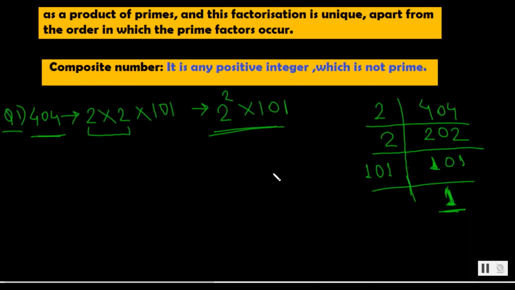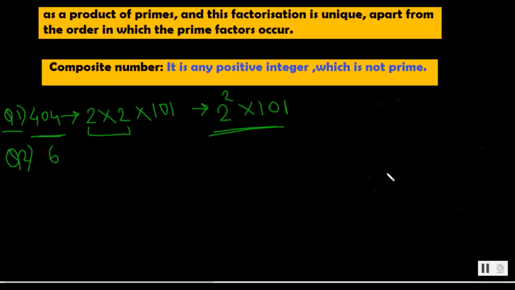Let us take some small number, like 6. Now, as we know, 6 is divisible by 2 as well as 3, and both are prime numbers, but we have to start with the smaller one.